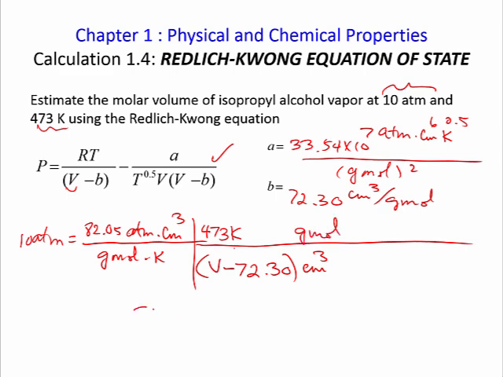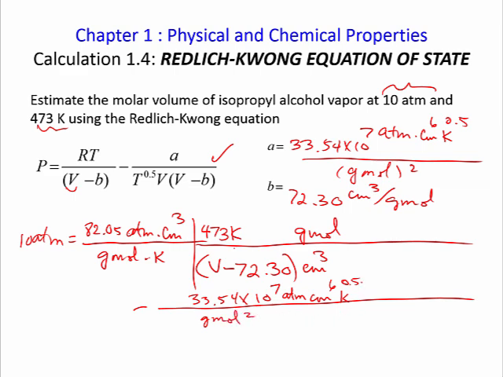Minus the second term, A, 33.54 times 10 to the power 7 atmosphere centimeter 6 Kelvin 0.5 divided by gram mole squared, and in the denominator of the second part we have temperature to the power 0.5, 473 Kelvin to the 0.5, divided by the product V times V minus B. This product has the units of a square of volume, which would be centimeter 6 per gram mole squared.